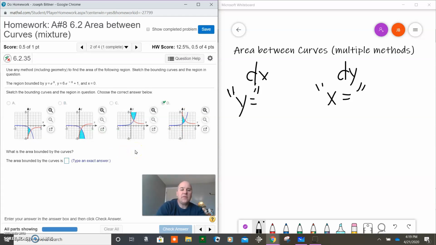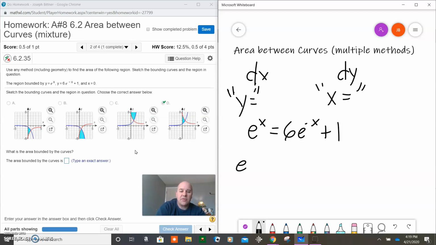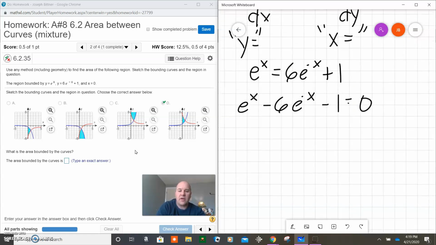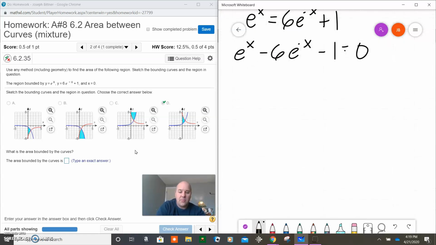All right, so if I set these equal to each other, e to the x equals 6e to the negative x plus 1. Subtract everything over to one side, so e to the x minus 6e to the negative x minus 1 equals 0. And then from that point, I'm going to multiply by e to the x through the whole equation.